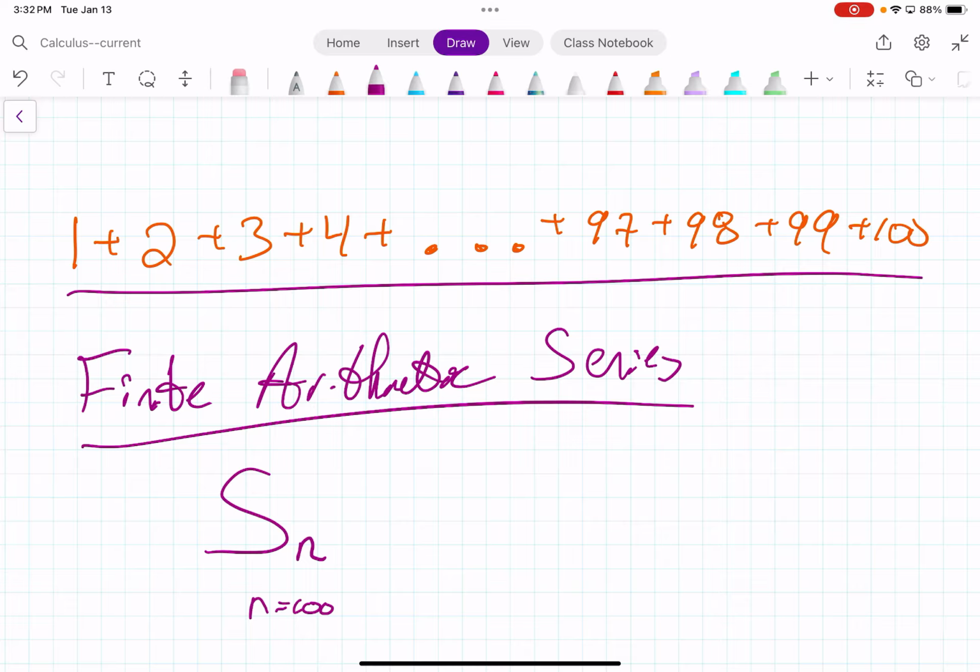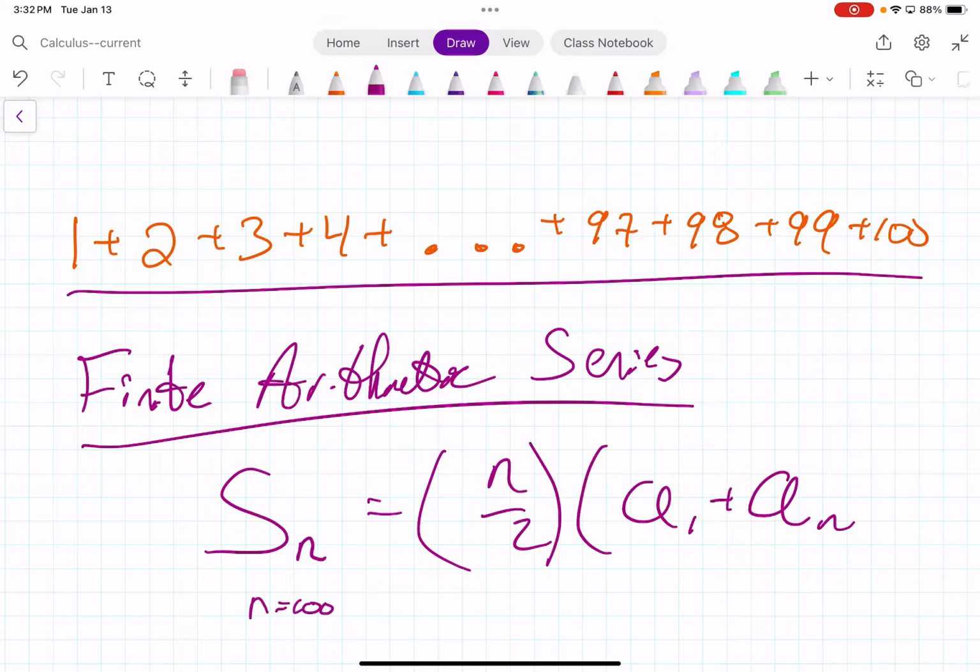So look at the formula and see how this matches that description. So it's basically like you're adding the first and the last terms, and then multiplying it by the number of terms divided by 2, so that turns them into pairs.